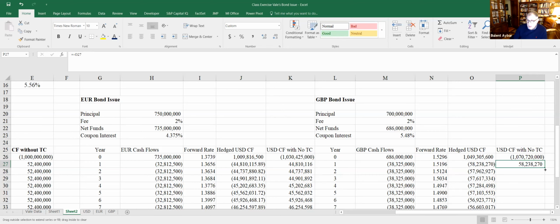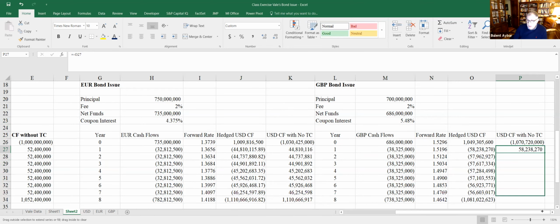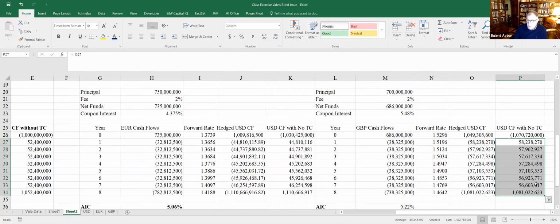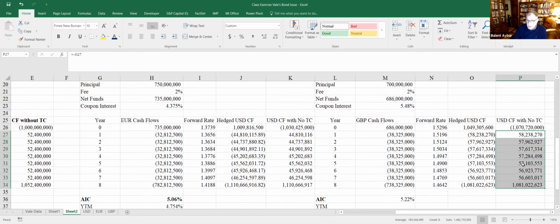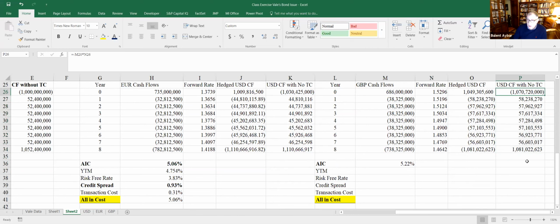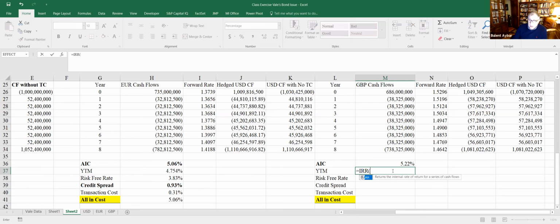And then we are going to enter the other cash flows so that now we can calculate the actual yield to maturity in US dollar terms. So the yield to maturity in hedged terms is going to be 4.902%.